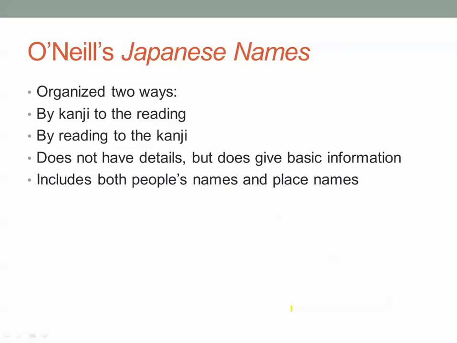And a Chimeiji-ten is a geographical dictionary. We're going to be looking at Chimeiji-ten later on in a different learning module. But O'Neill's covers both of those because people names and place names in Japanese suffer from the same sorts of bibliographic problems. In other words, you often see a place name and you're not really sure how to pronounce it.